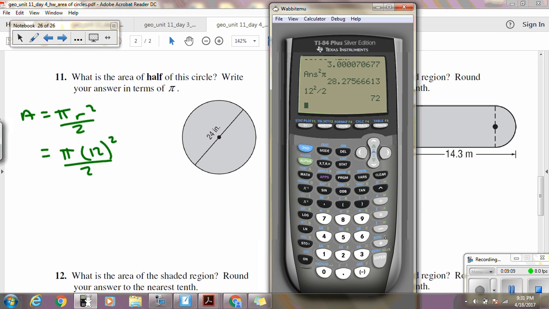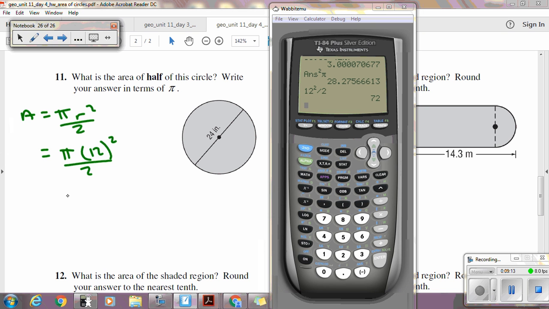Which is 72. So 72 pi inches squared would be half of the circle.